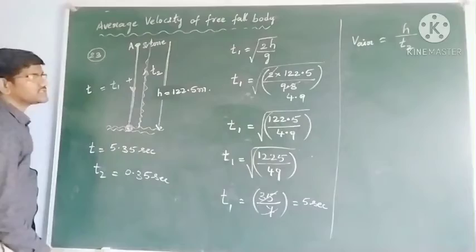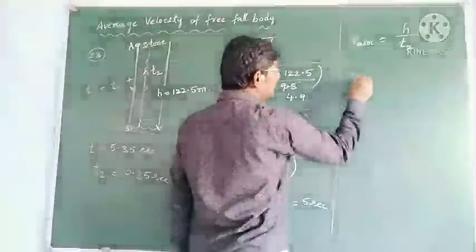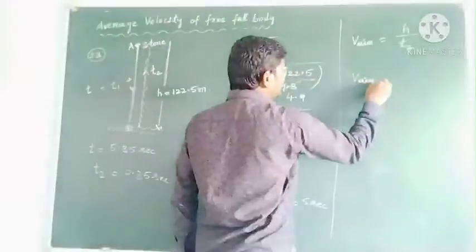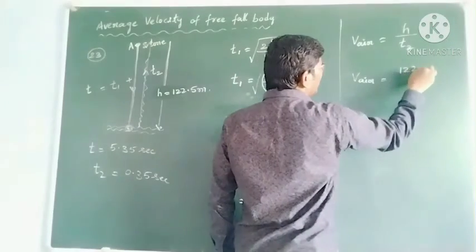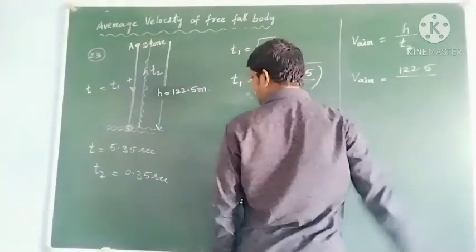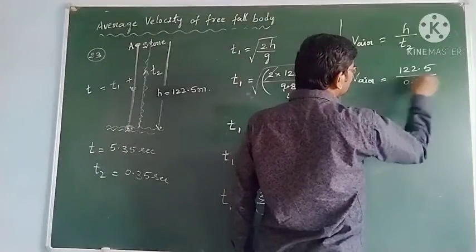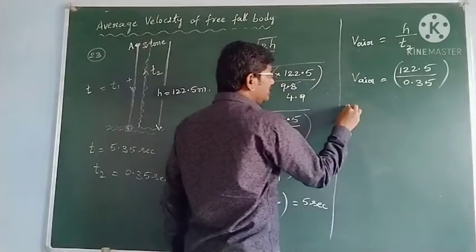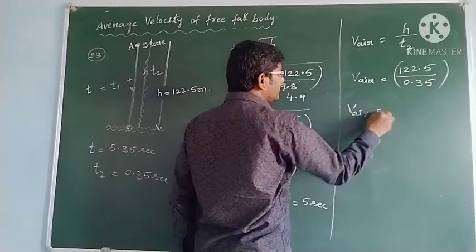Okay students. So then velocity of sound in air is total height, which is 122.5, by t2 time. What can you write? 0.35.